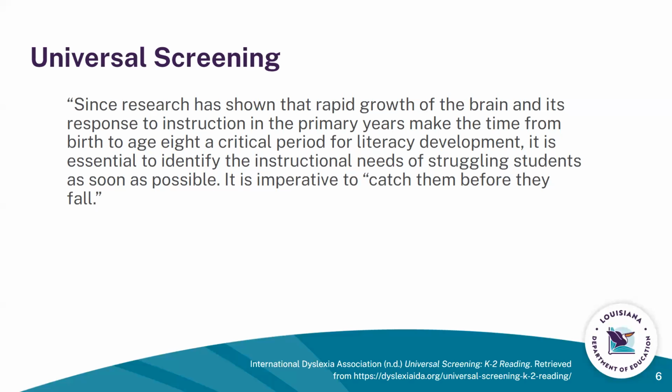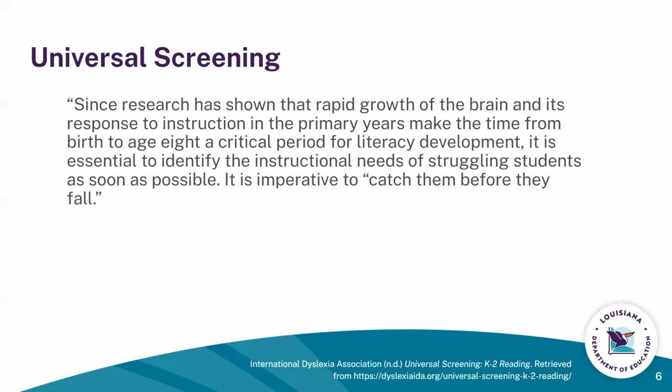So let's start with defining what a universal screener is. Universal screening results should identify those students who are potentially at risk for reading failure, including those who may have developmental reading disabilities.